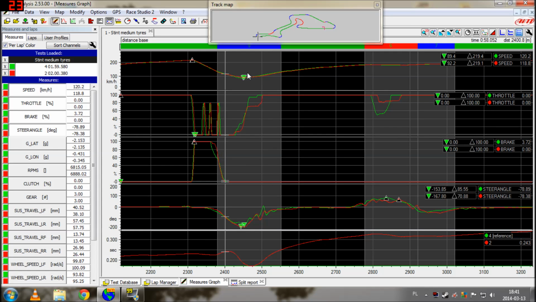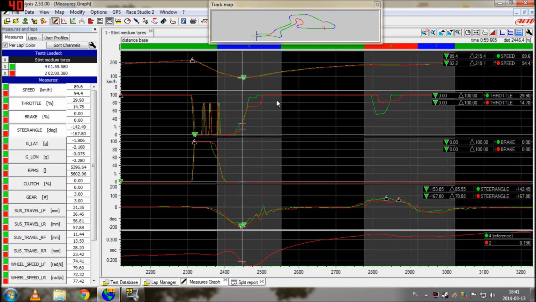What happens with the speed? Because I released the brake earlier and faster, now it's the same, but here you can see it was 2 kilometers per hour. Now we are at the apex, and look at the throttle. Again, the green throttle work is good.